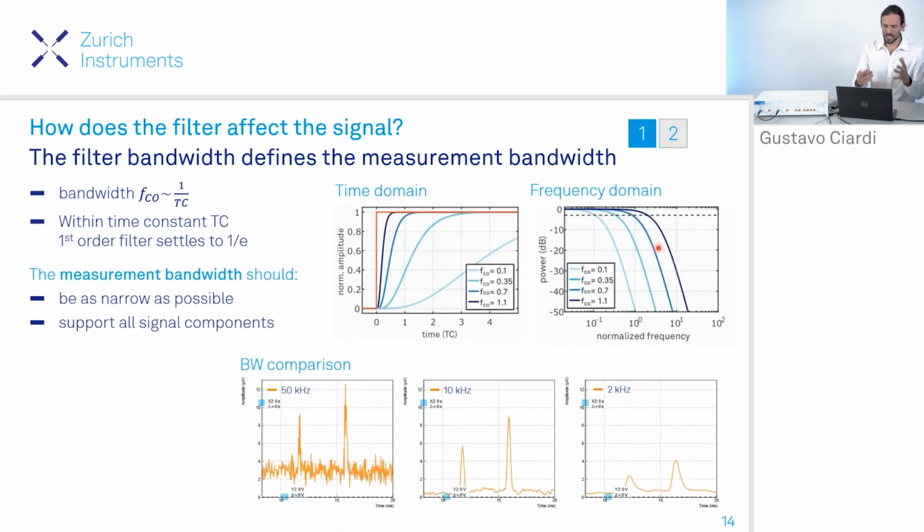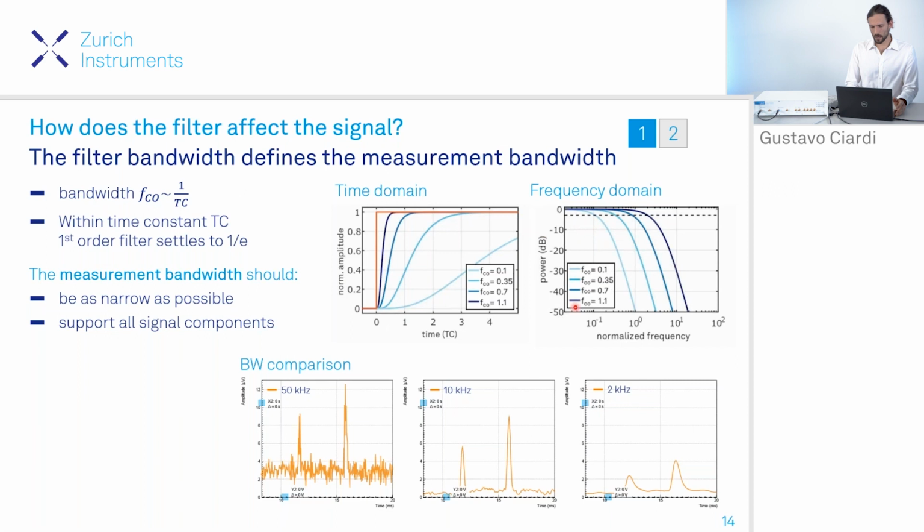So the most important element that affects the quality and in turn the SNR of our measured signal is the low-pass filter, and of course its setting. The most important setting is the low-pass filter bandwidth. The filter bandwidth basically defines the measurement bandwidth, that is how many frequency components are allowed to go through the filter.